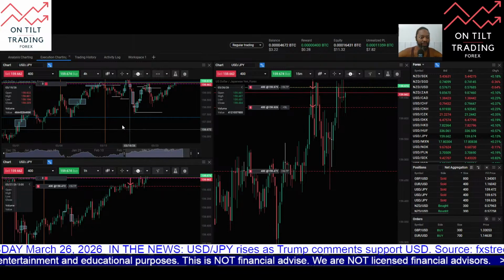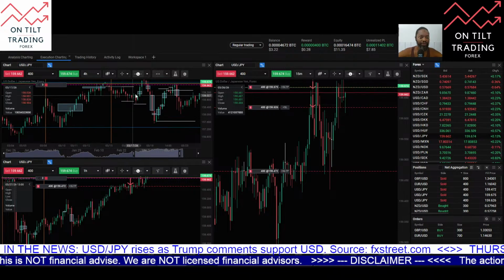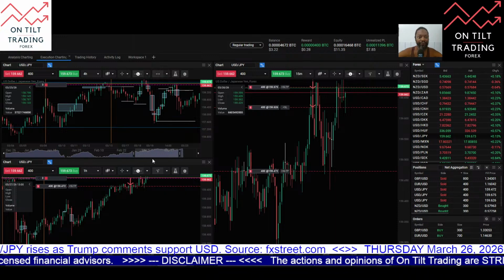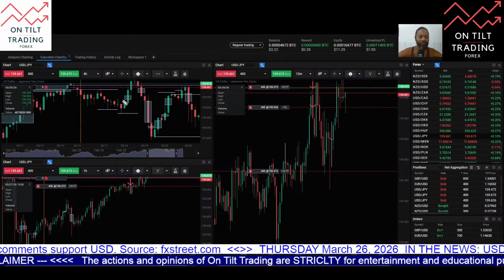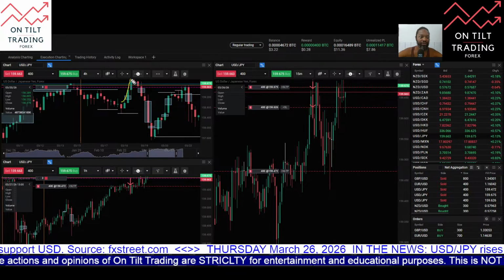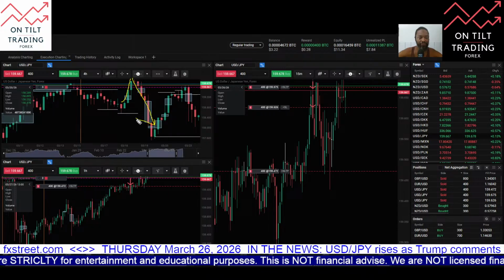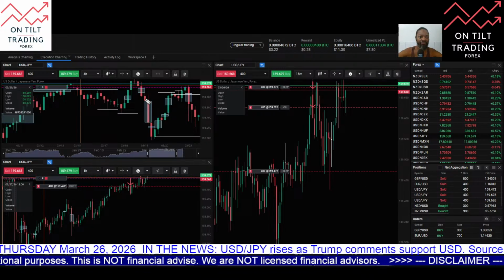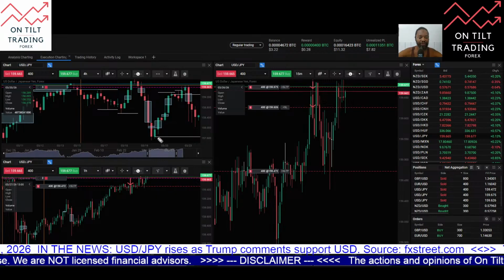So let's say that this is my box here, and then price action sweeps here with this aggressive buy move, and then an aggressive sell move here. With that aggressive sell move, you're getting an engulfing series of candles.